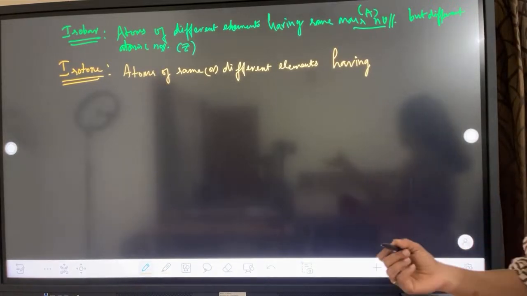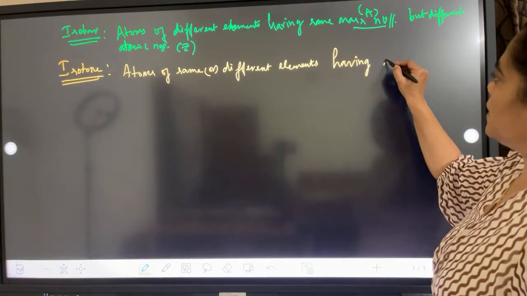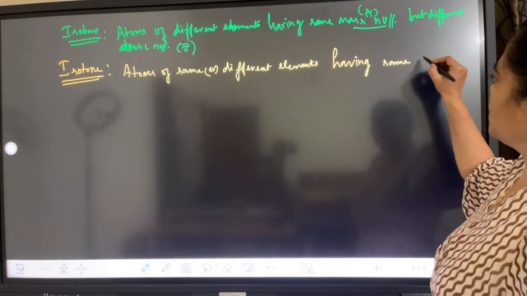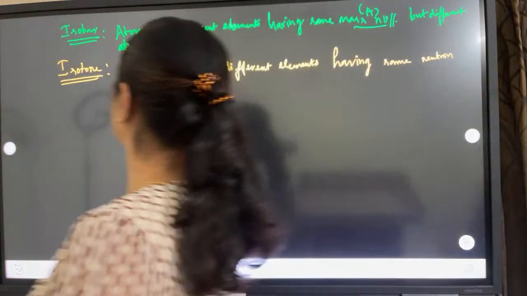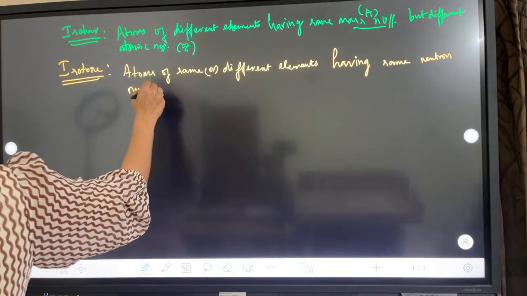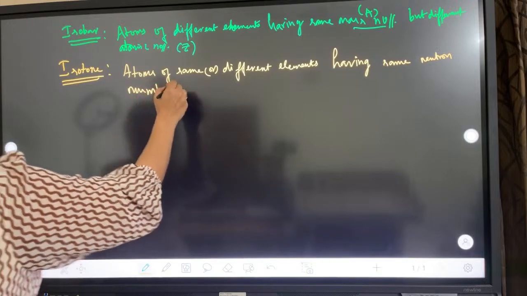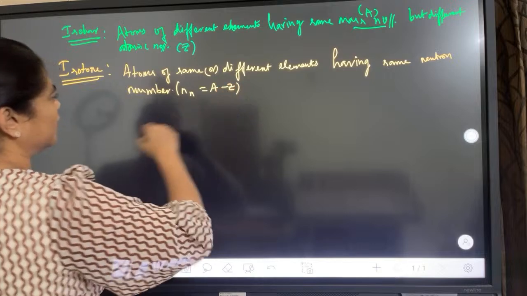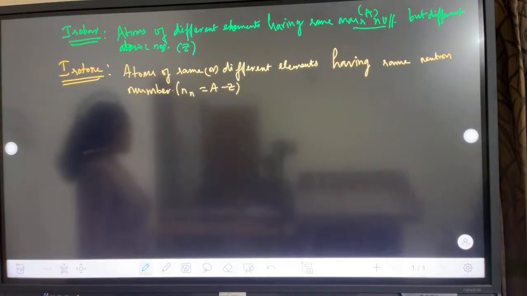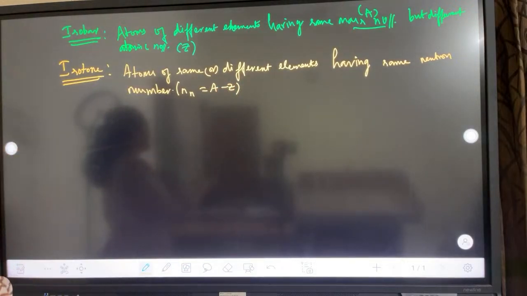Which is having the same neutron number. Neutron number alone is the same. Neutron number means A minus Z. You have to find A minus Z for the particular isotopes, then you will see the neutron numbers are the same for these elements.